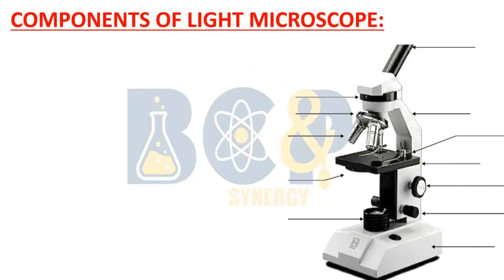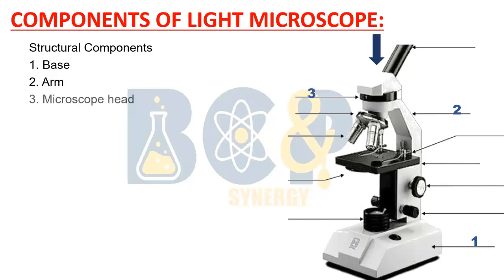What are the components of light microscope? The light microscope has the most important components due to which we are able to observe the objects or structures under it. Number one is the base of light microscope. Number two is the arm of light microscope, from where we can hold the microscope. Number three is the microscope head, above and below which the lenses are present.